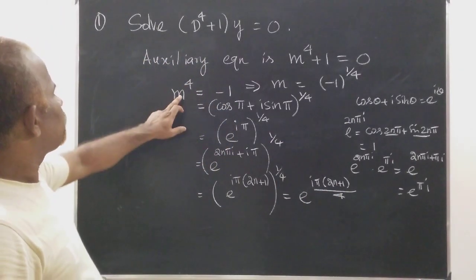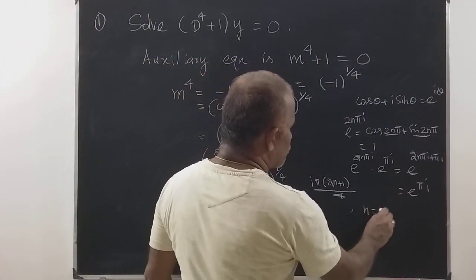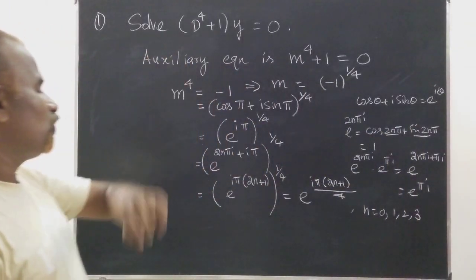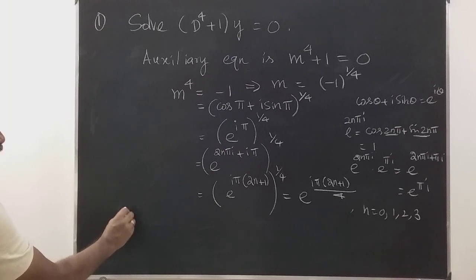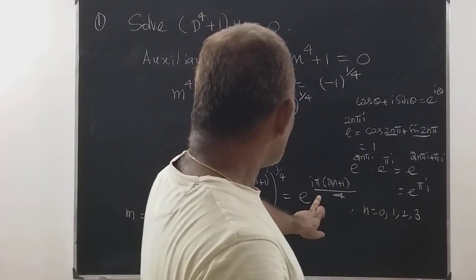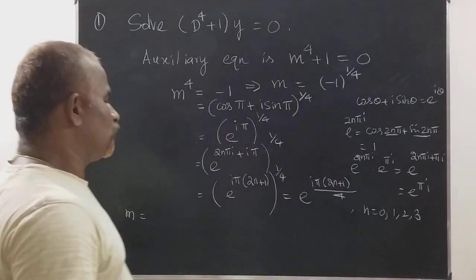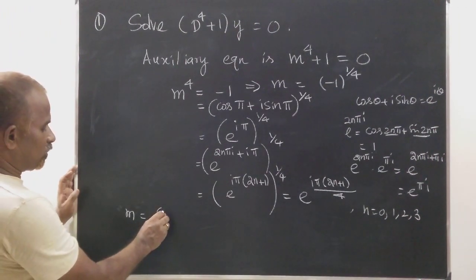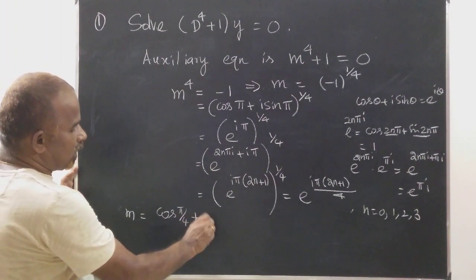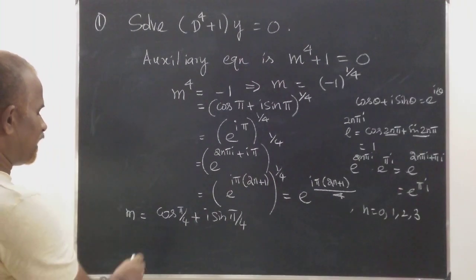So this equation has 4 solutions, therefore n = 0, 1, 2, 3. If you substitute, you will get 4 solutions. If n = 0, m = e^(i pi/4) = cos pi/4 + i sin pi/4.